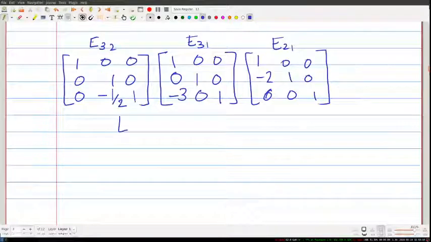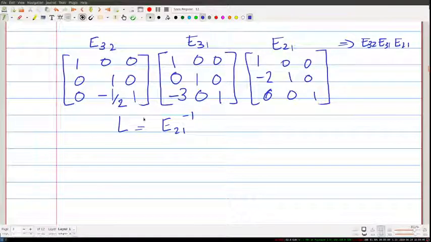And now I know that L is going to be in the other order. So this product is E32 times E31 times E21, and L is going to be actually the inverse of these steps, E21 inverse, E31 inverse, and E32 inverse, and you can rewind the video if you don't know why this is happening, right? And so let's try to do that.